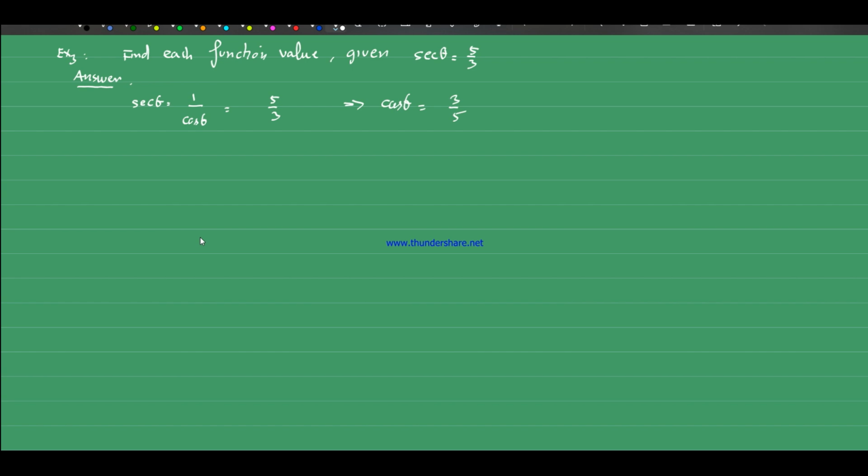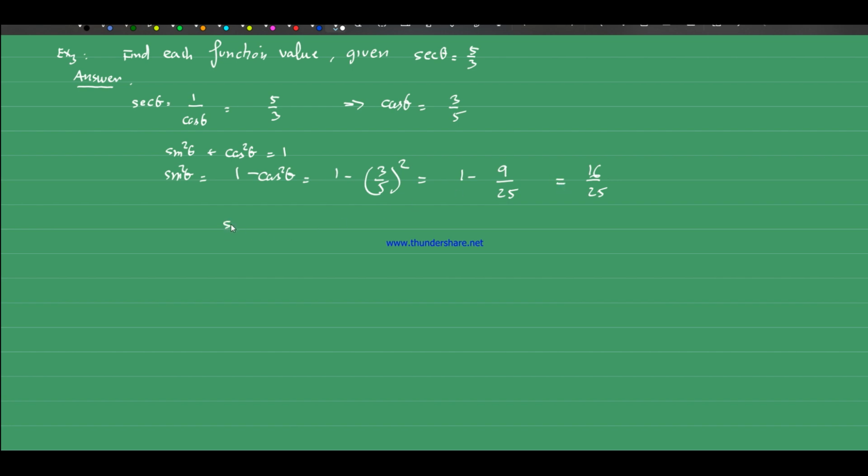So you know cosine. Then we find sine using the Pythagorean identity. Sine squared theta equals 1 minus cosine squared theta, which is 1 minus (3 over 5) squared, so 1 minus 9 over 25, which is 16 over 25. Now, this is a crazy thing right here.